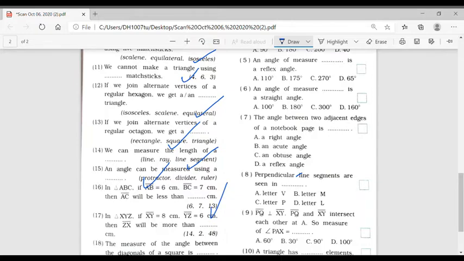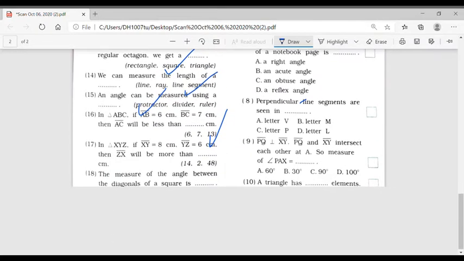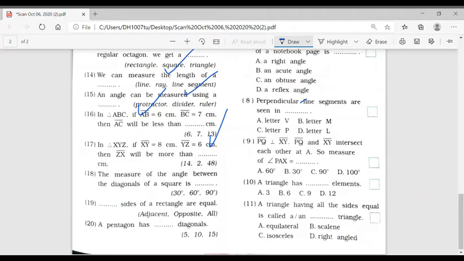Now question number 17 we are going to start. In triangle XYZ, XY is equal to 8 centimeter, YZ is equal to 6 centimeter, and then ZX will be more than dash centimeter.